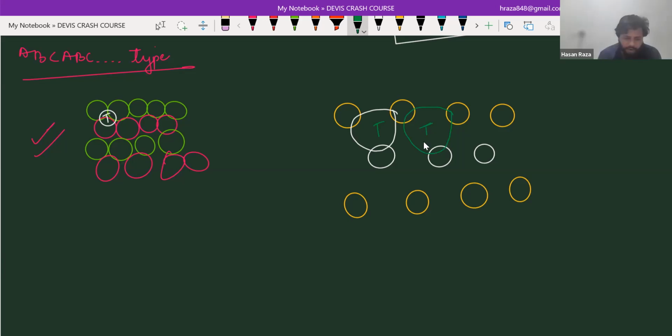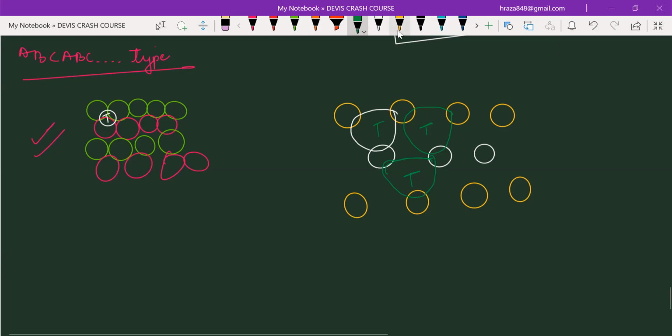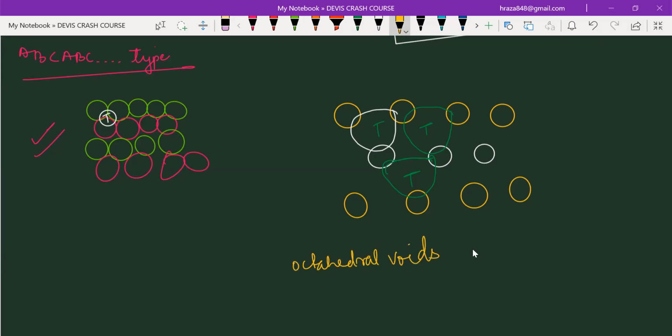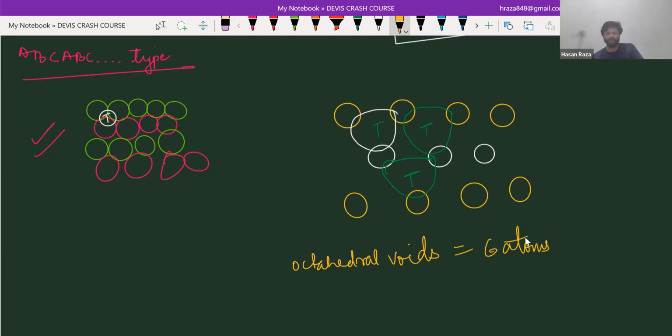Now there will be octahedral voids. There will be a void between these three that is known as tetrahedral. Now I talked about octahedral voids. How many atoms form octahedral voids? 6 atoms. As you know these are atoms in a spherical shape, so definitely there will be void, and what type of void depends upon the combination of atoms.